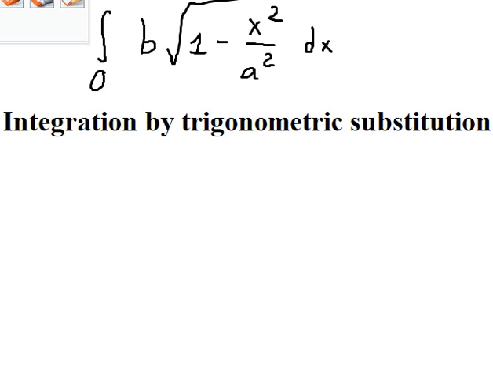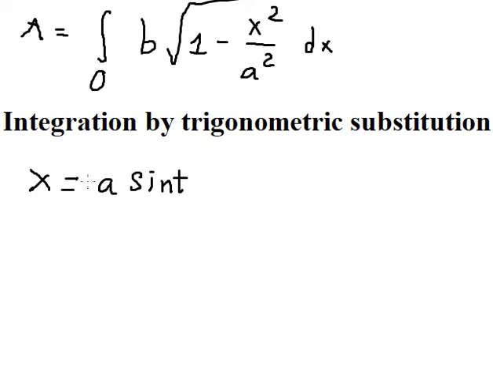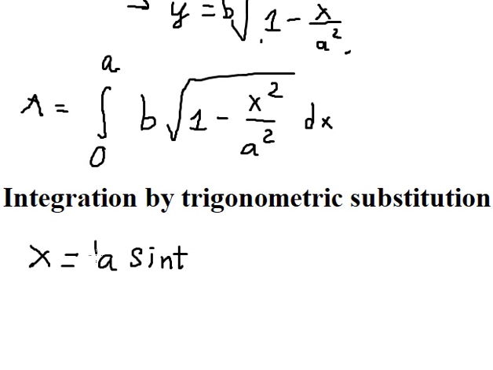So I will put x equals a sine t, because if I put this one in here, we have a square sine t squared. So a square, we simplify 1 minus sine t squared, we have cosine t squared, and later we simplify the square root.